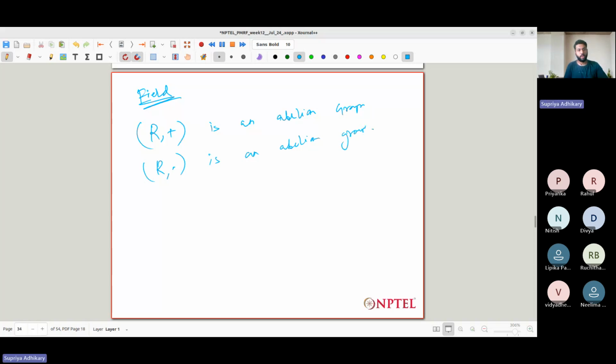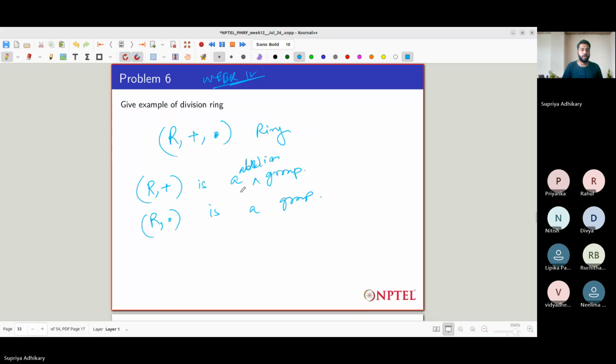So with respect to addition and multiplication, both have to be abelian groups. But over here, only R plus has to be an abelian group, but R dot may not be an abelian group. Those kinds of rings are called division rings.